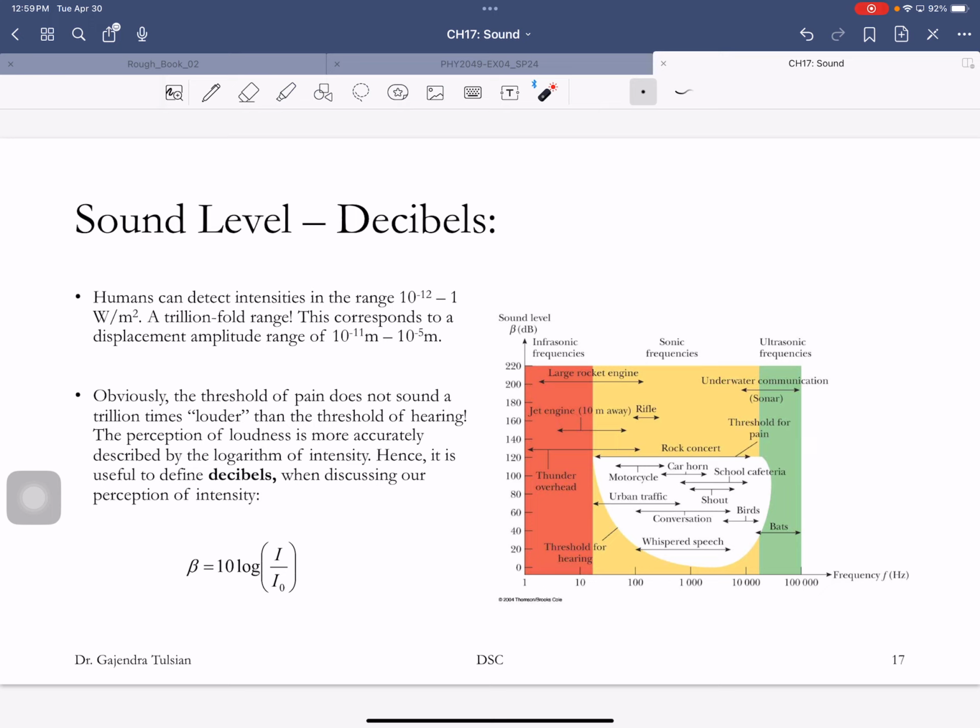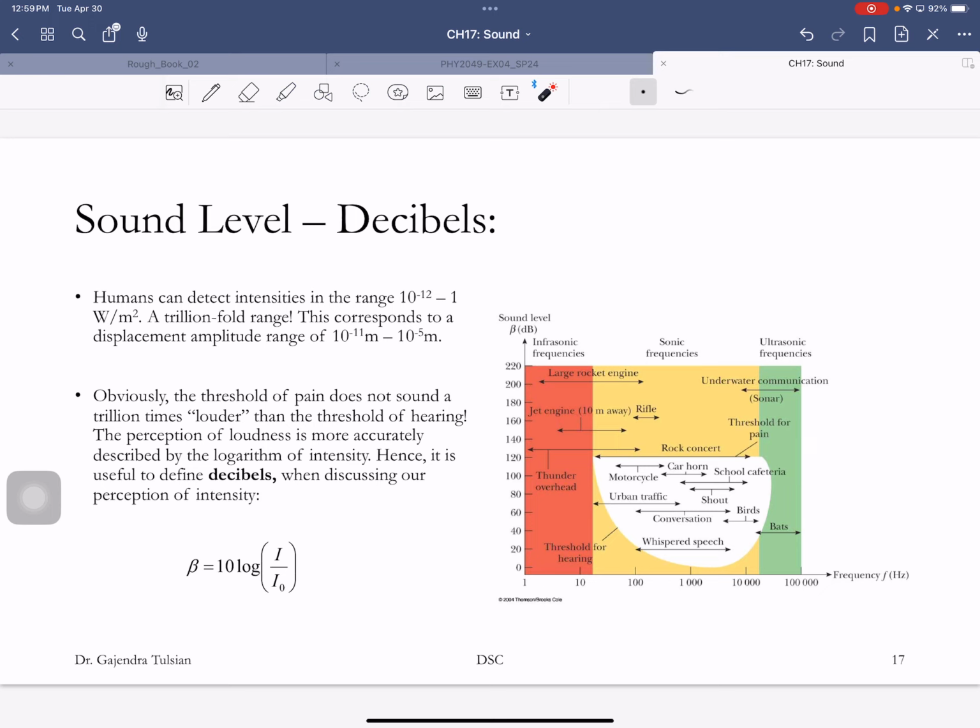Now that's a simplified picture, but anyway, that's roughly correct. Humans can hear intensities in the range of 10 to the minus 12 to 1 watt per meter squared, a trillion-fold range. Obviously the threshold of pain does not correspond to a trillion times louder sound.